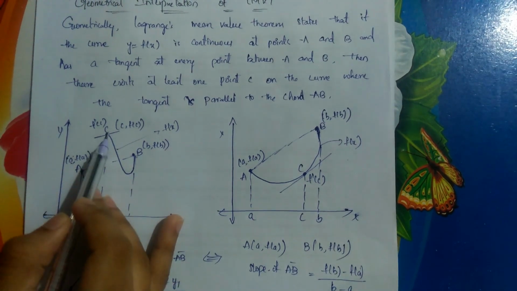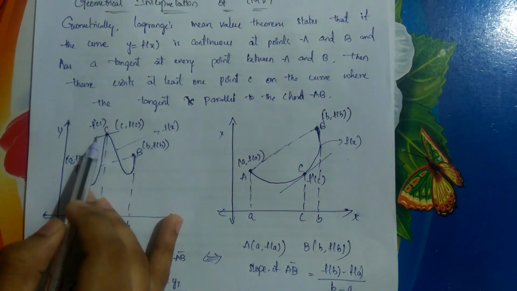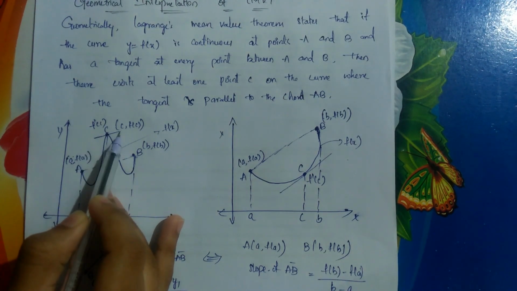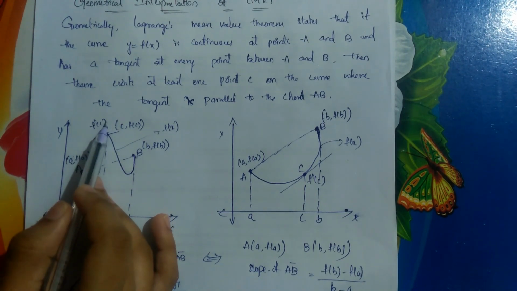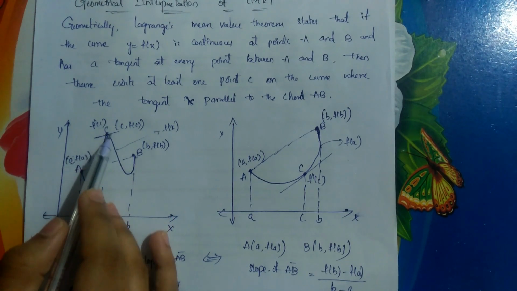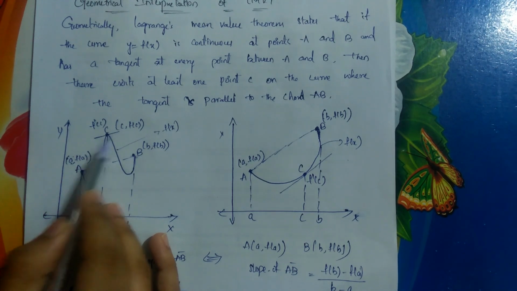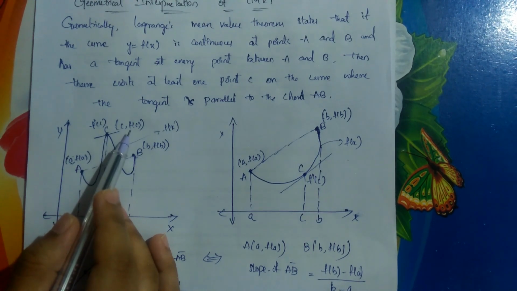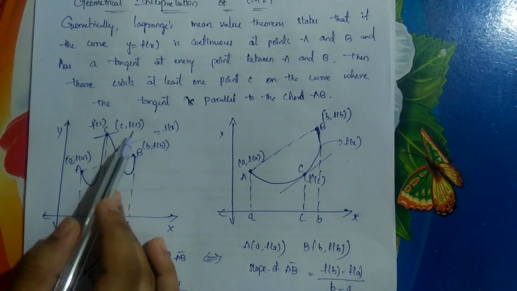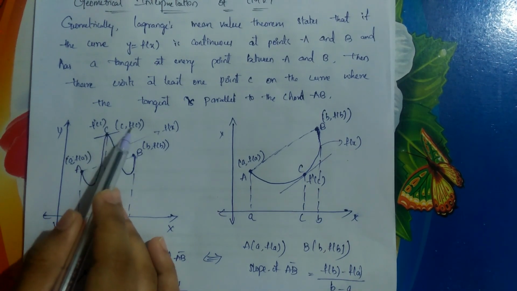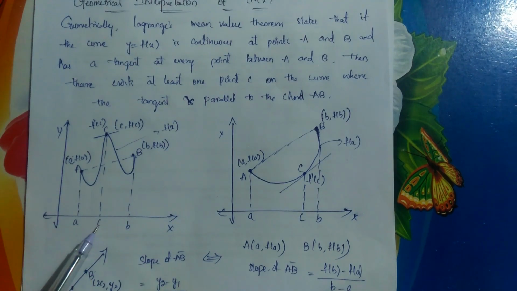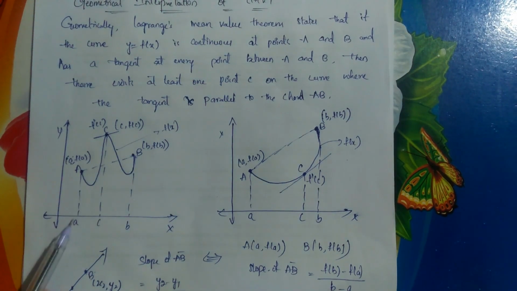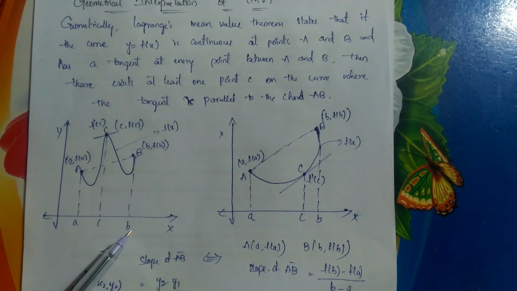Then this is a point we take as C, and we are drawing a tangent at C, and this tangent is nothing but f dash of C. F dash of C is the slope of the tangent, and we know that the slopes of two parallel lines are equal. The coordinates of C is C comma f of C, and when we plot it to the x-axis, the point will be C here, lying between the points A and B.